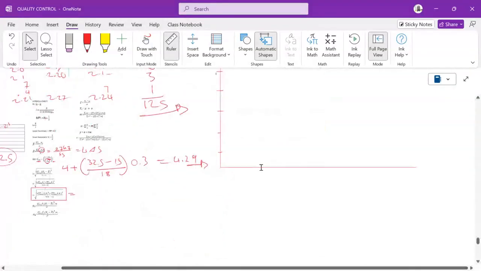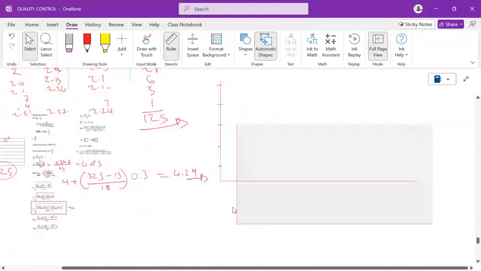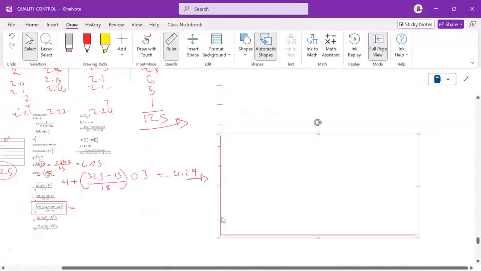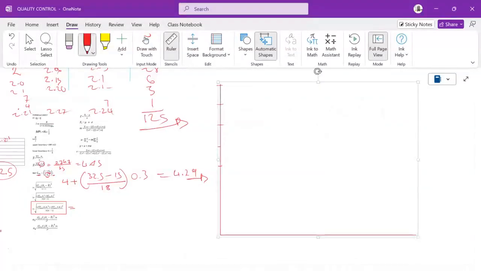Grab this, take it down, and extend it here. Okay. 25, 30, 35, 40.